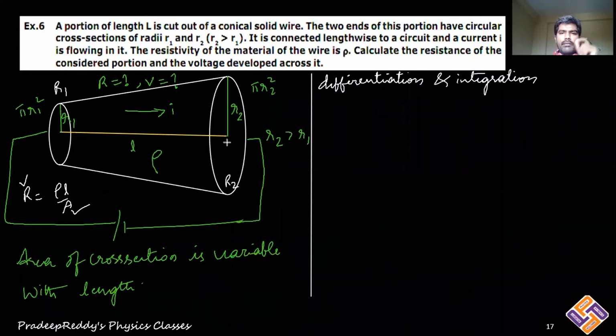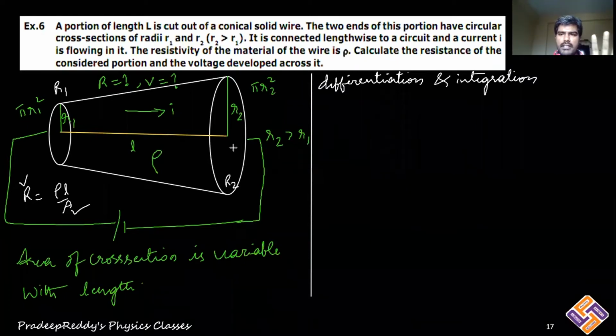First, I'll take a very small element, and for that element, I'll find out the resistance. After finding out the resistance of that element, I will integrate it in between the area of cross section from pi r1 square to pi r2 square. I'll integrate that total, substituting the limits pi r1 square and pi r2 square. That is my idea to find out the overall resistance of this conductor.